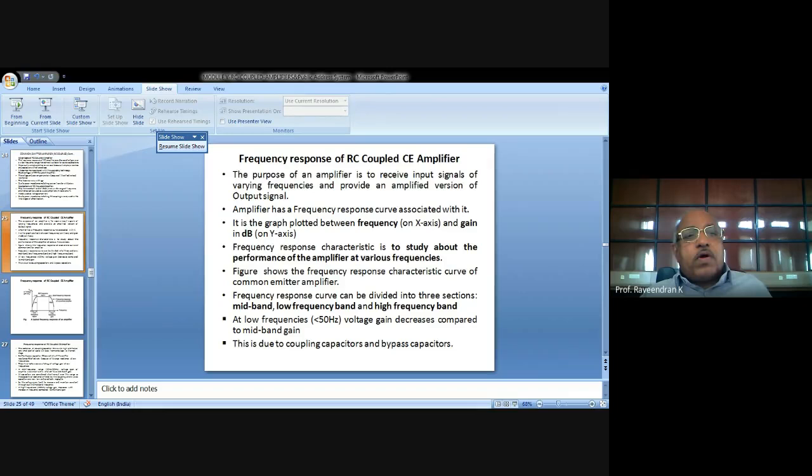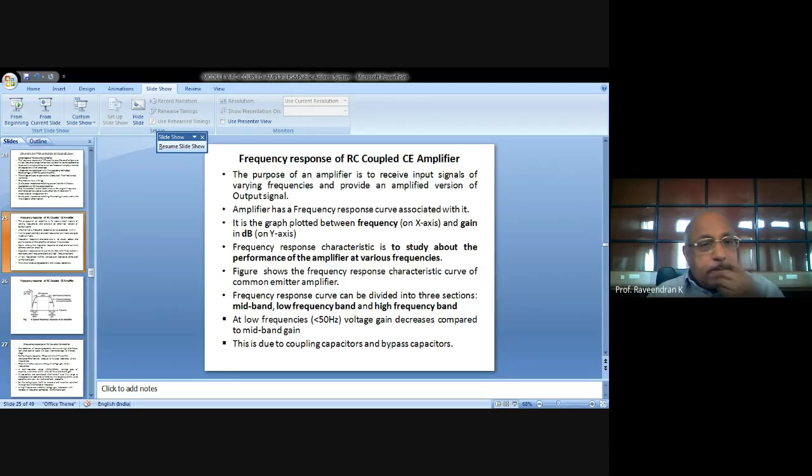Then what is a microphone? The microphone is the first component of a public address system. In a PA system, the microphone is the first component, which is essentially a transducer. What is a transducer? A transducer is a device that converts some form of energy into corresponding electrical energy.